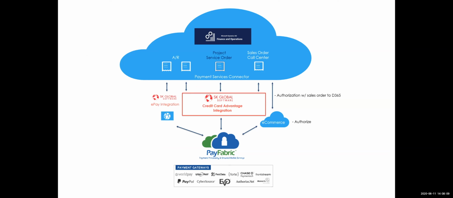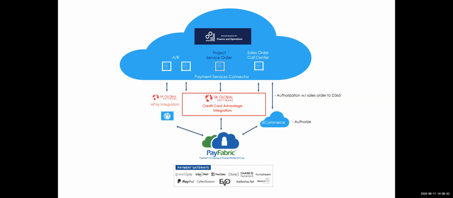There's a separate webinar session that we're going to do around ePay, but this is for anyone in the AR team that would like to automatically send invoices to their customers and present a branded portal for those customers to see their invoices, to see all of their payment history, and you can allow your customers to pay online with a credit card or an e-check. And that automatically integrates back into AX and D365 and settles those invoices for you.